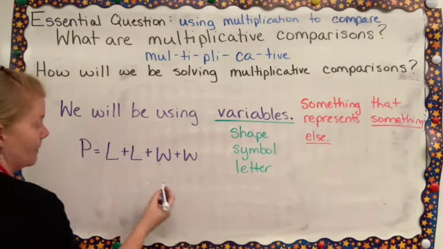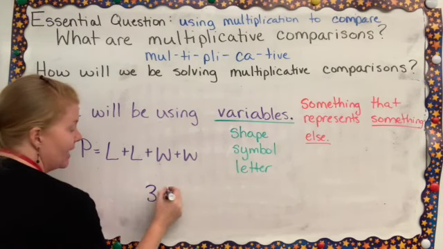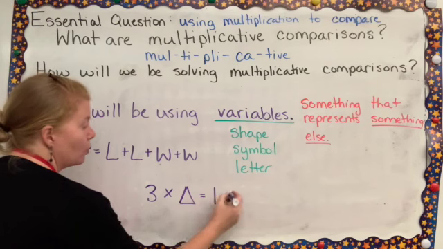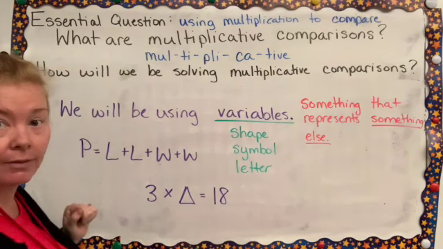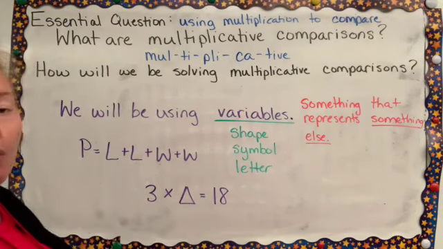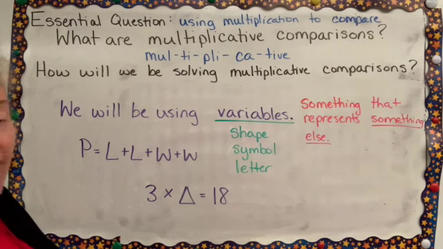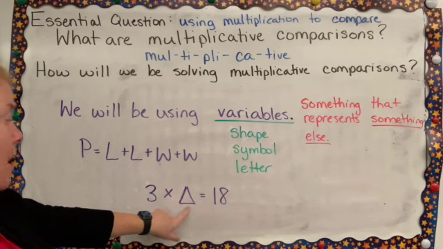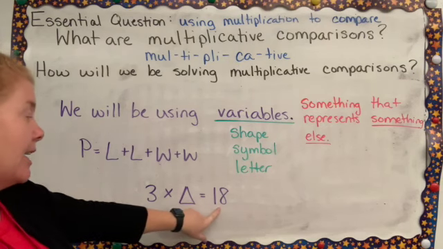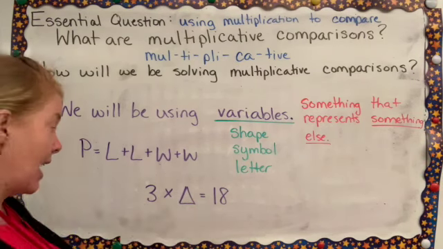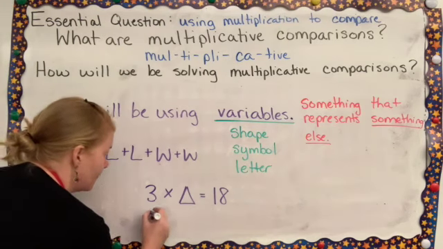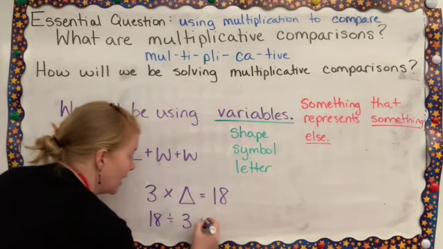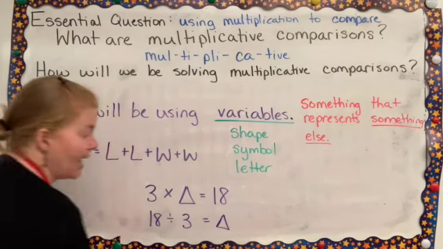We might say 3 times triangle equals 18. Your job is to figure out what triangle is. In order for you to do that, you have to ask yourself 3 times what number equals 18, or you could turn this around and say 18 divided by 3 equals triangle, right?